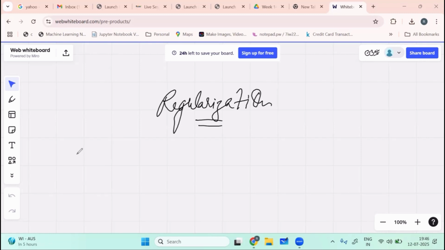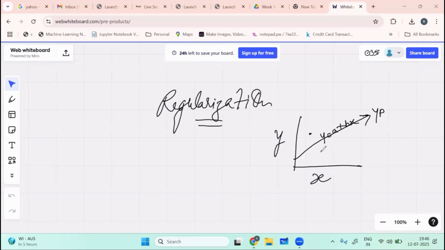What I mentioned is, if you draw a graph between x and y, the straight line, y equals a plus b of x, is the predicted line, y predicted. Above that there are observations and below that there are observations.